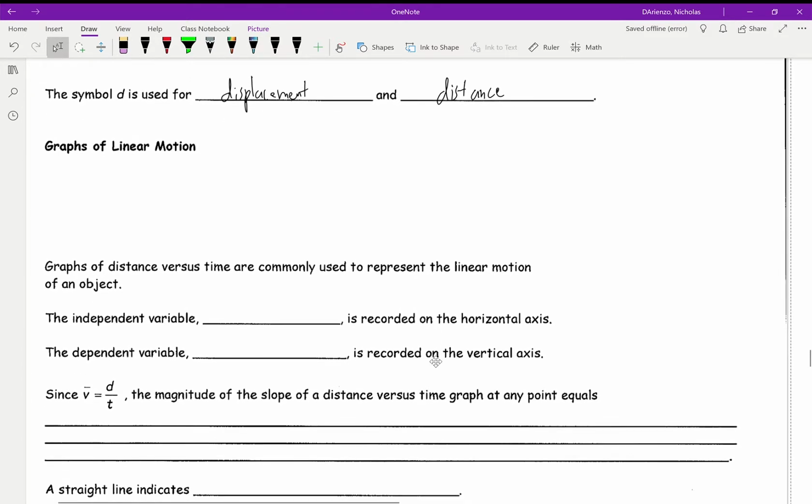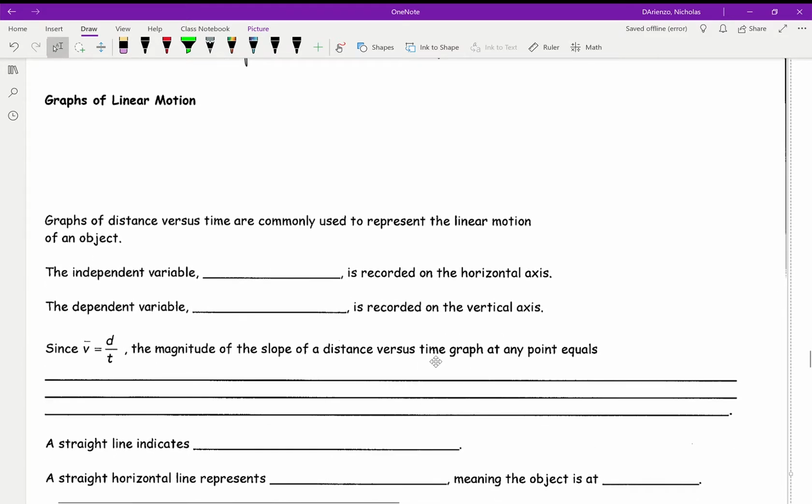Graphs of linear motion. We're going to focus on these during class. Graphs of distance versus time are commonly used to show the linear motion of an object. They're going to produce a pretty standard type of graph that you're going to have to be able to not only understand, but be able to convert into velocity over time and then into acceleration over time.